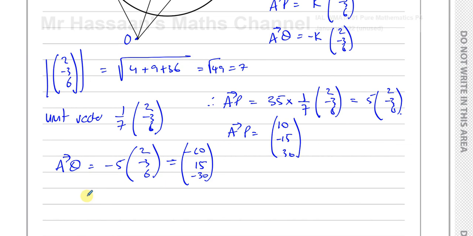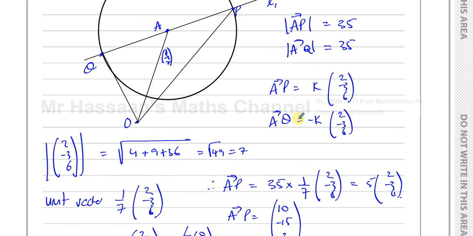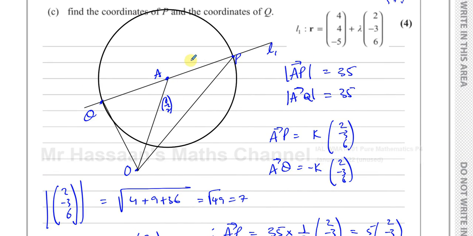So the position vector of P, O to P, is going to be O to A plus A to P. We know A to P now is (10, -15, 30), and the vector to Q is (-10, 15, -30).